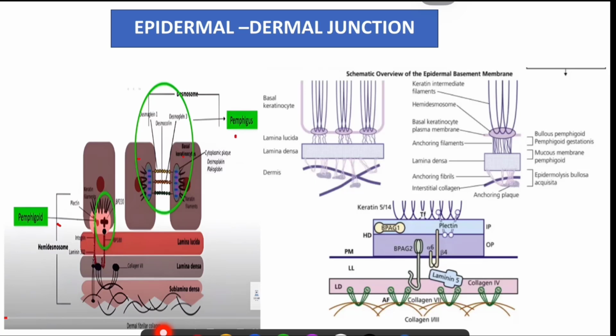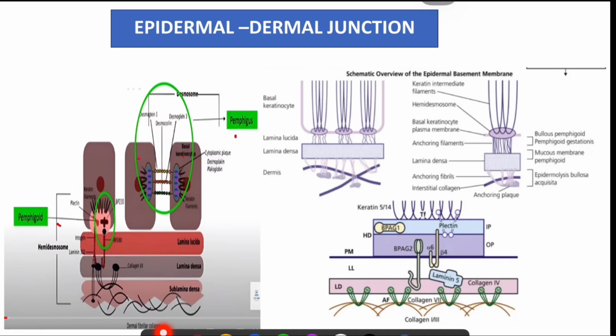If damage is here at the hemidesmosome, the lesions are bullous pemphigoid and pemphigoid gestationis. If damage is at the lamina densa and between the anchoring filaments, it is mucous membrane pemphigoid. And if damage is here at the dermis, anchoring fibrils and interstitial collagen, it is epidermolysis bullosa acquisita, right?